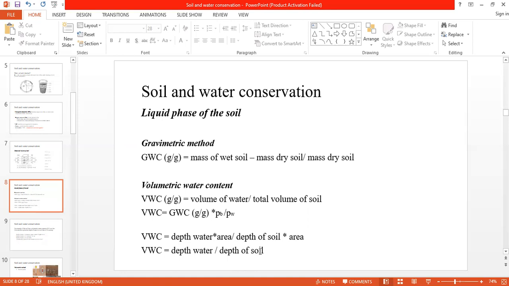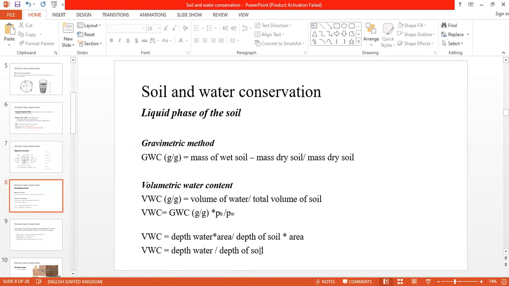Meaning that if I calculate volumetric moisture content in centimeter cubed per centimeter cubed, the answer will be the same when I calculate volumetric moisture content as depth of water over depth of soil.